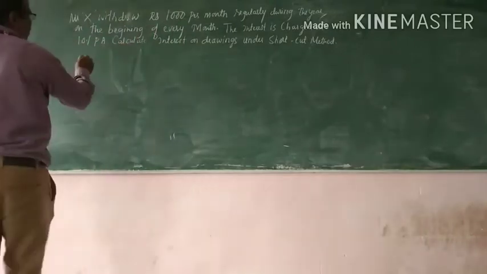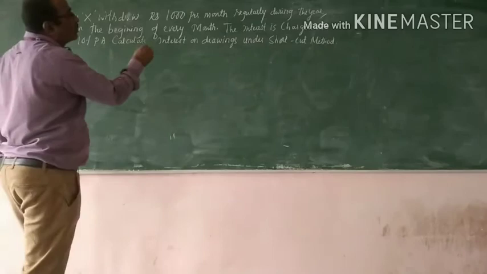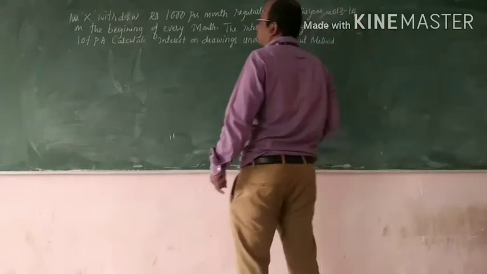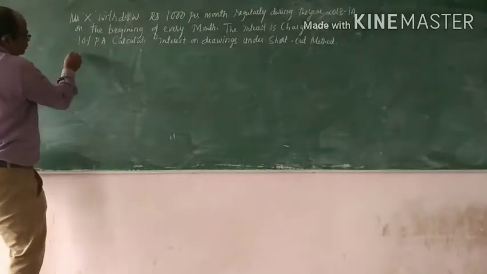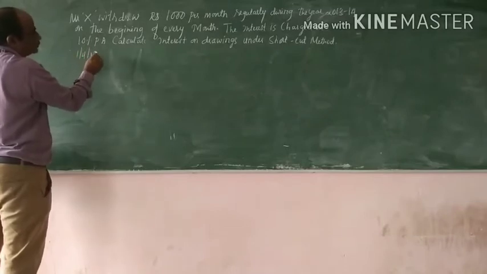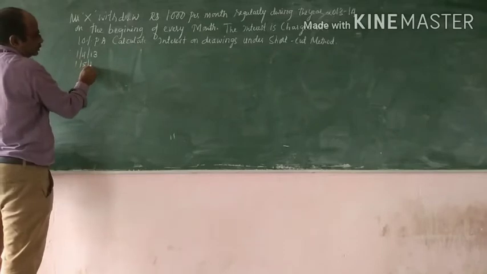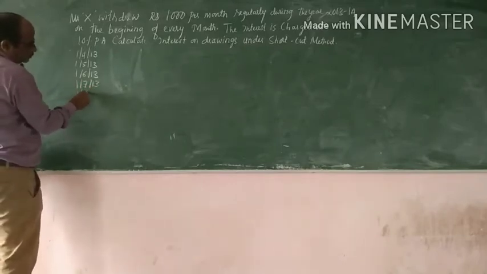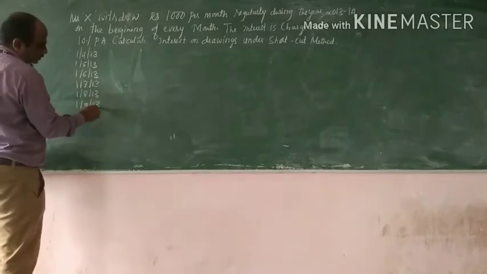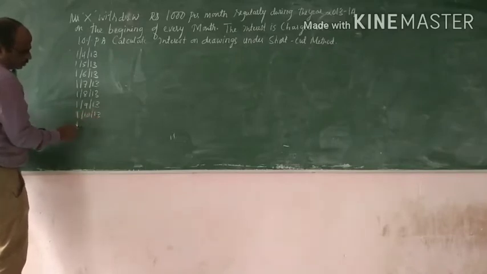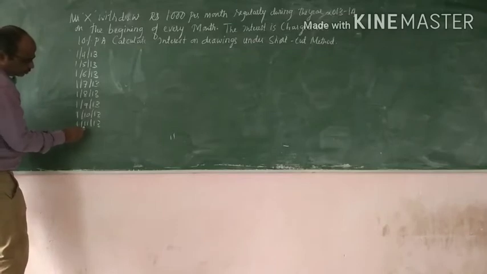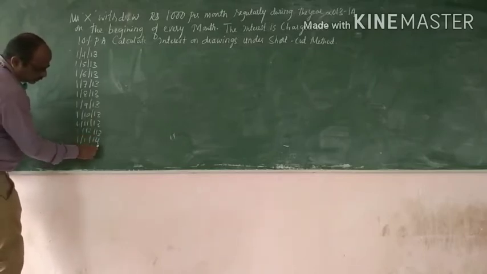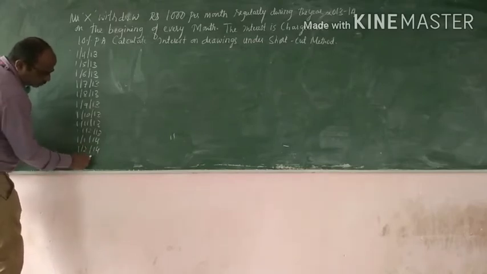In this problem, if you solve it under the product method, you will see, during the year 2013-14, the dates are 1/4/2013, 1/5/2013, 1/6/2013, 1/7/2013, 1/8/2013, 1/9/2013, 1/10/2013, 1/11/2013, 1/12/2013, 1/1/2014, 1/2/2014, 1/3/2014.